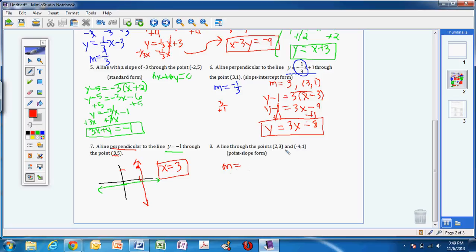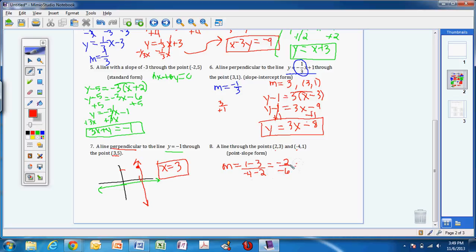So y2 minus y1, 1 minus 3, all over x2 minus x1, so -4 minus 2. Simplifying my numerator, 1 minus 3 is -2, and -4 minus 2 is -6.